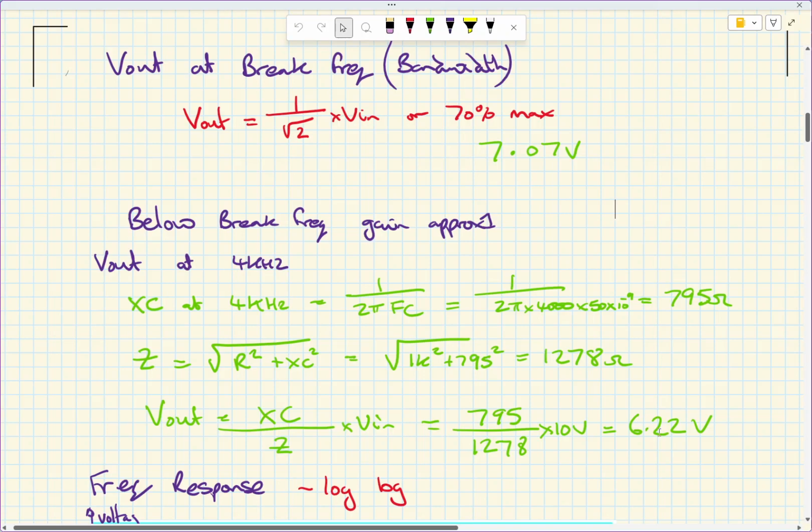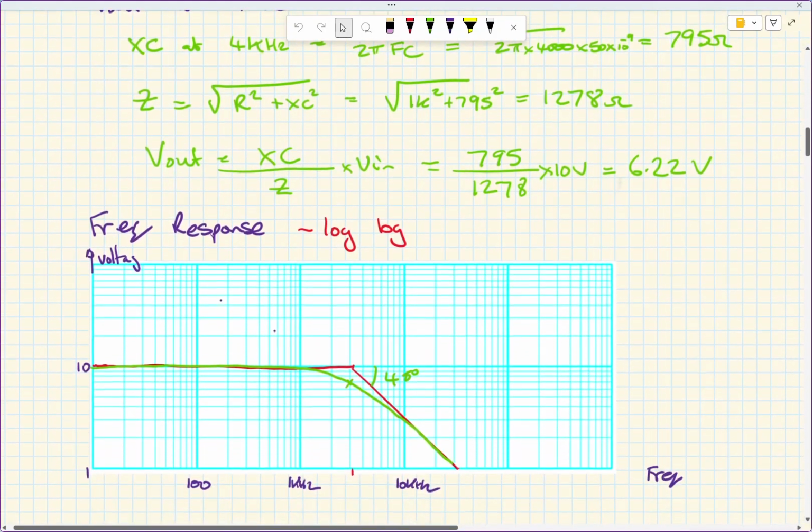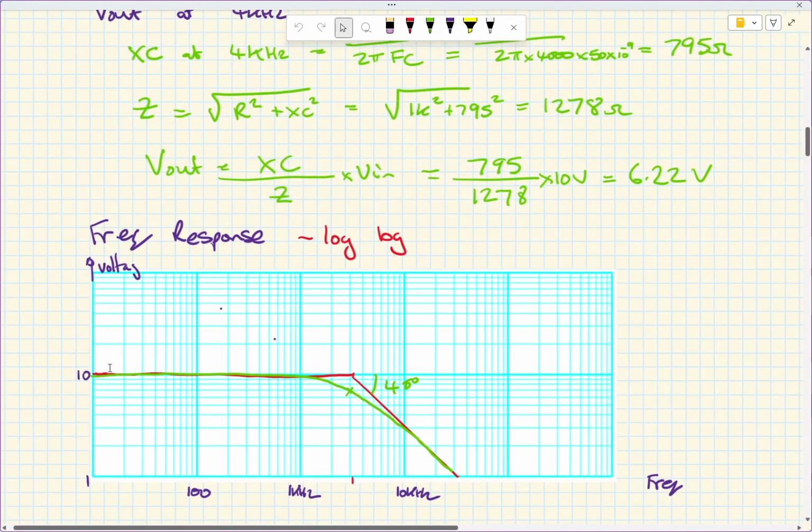Drawing a frequency response graph for these passive filters, we need to be able to draw two types of frequency response graph. First of all, a log graph. Let me talk you through it. We're going to put a line in at whatever our maximum voltage is, or if we're just talking about gain, that would be 1, and then we put a point in at our break frequency, like so.